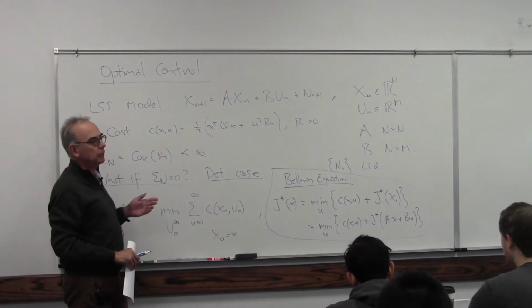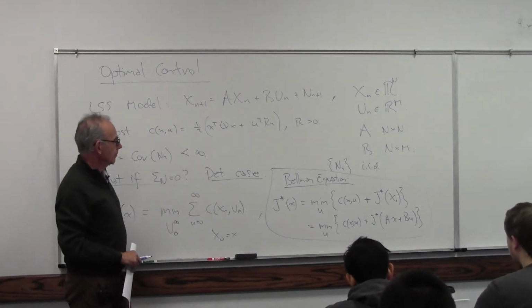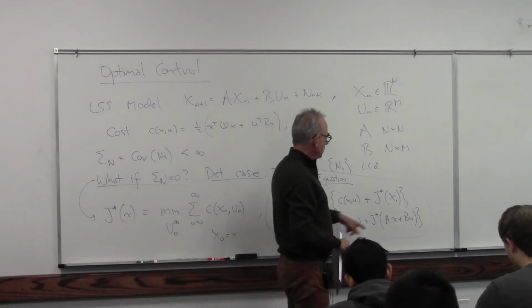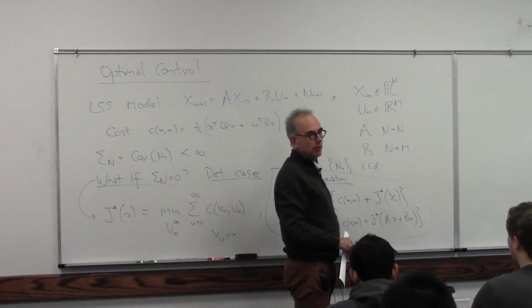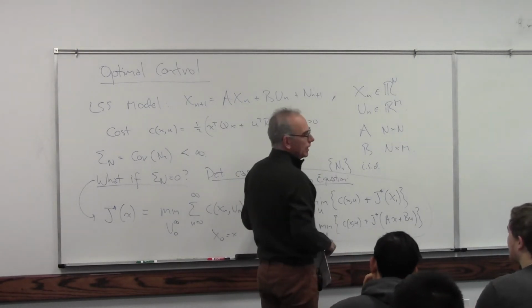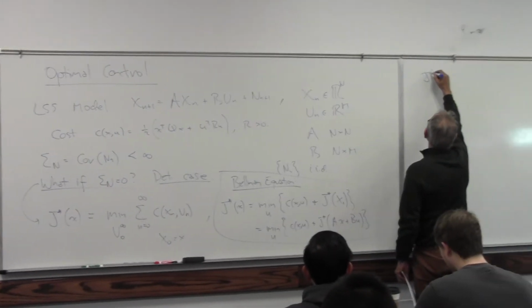And in all the optimal control problems you end up with fixed point equations of this form, where you've got a J star sitting here, and then a minimum with J star on the right-hand side as well. And you'd like to solve that equation. And in this particular case, you can solve it. J star is quadratic.